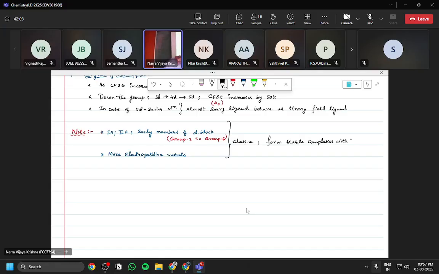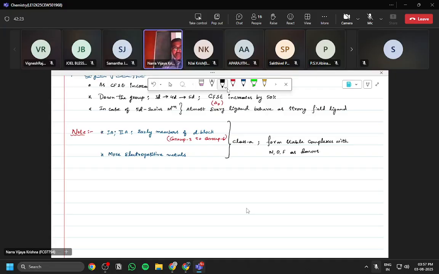What are lighter p block elements? Nitrogen, oxygen, fluorine. Are you able to understand? Right? So they form stable complexes with lighter p block elements as donors.